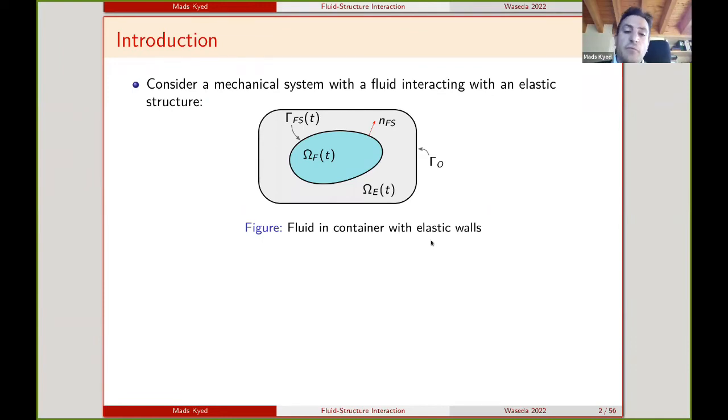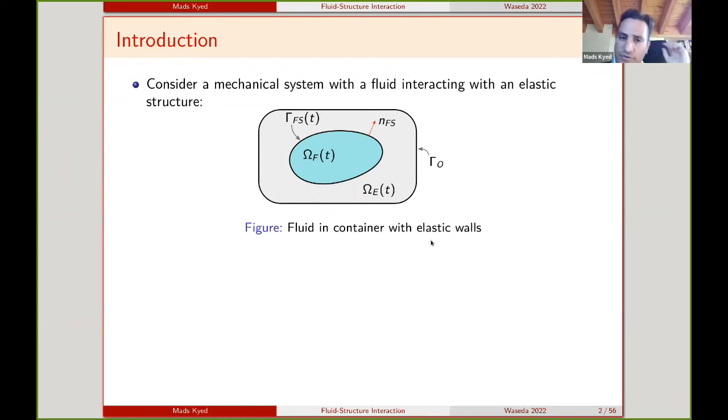And of course, when we have a force exerted upon an elastic structure, the structure will deform. So we have the fluid interacting with the elastic material, but when the walls are deforming, the fluid domain changes, and therefore the flow is influenced by this change. So we have interaction in both directions, fluid structure interaction.